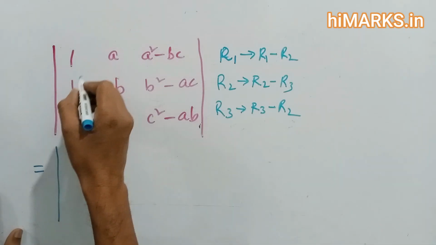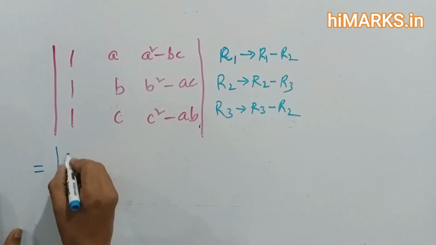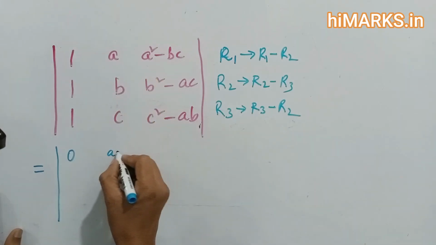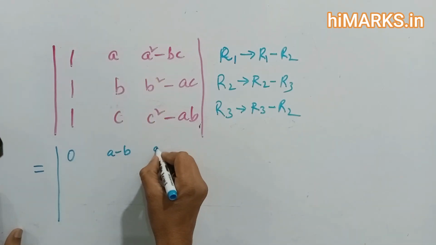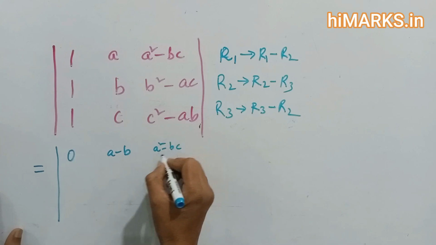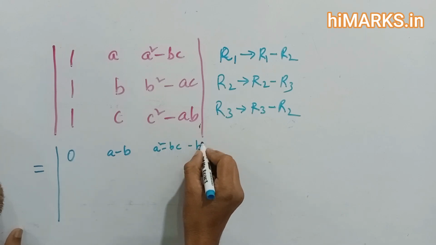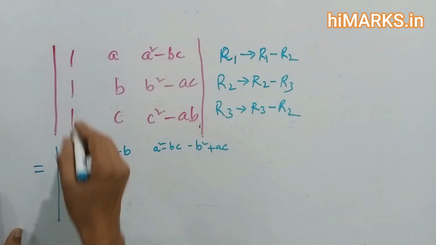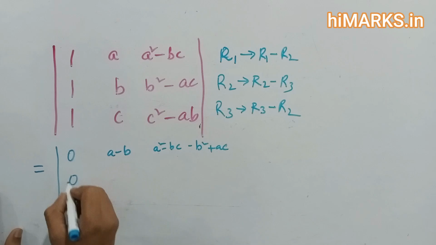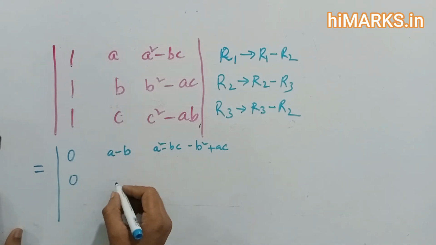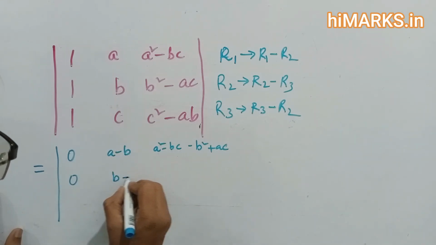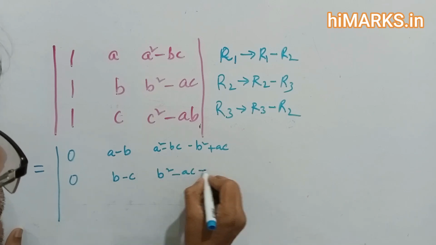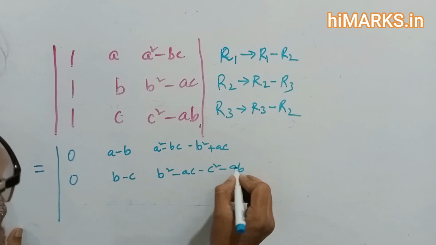If we subtract this minus this, we'll get 0 here first, and this will give a minus b. Here we will get a square minus bc minus b square plus ac. Then this operation will give 0, and this will give b minus c. Here it will give b square minus ac minus c square minus ab.